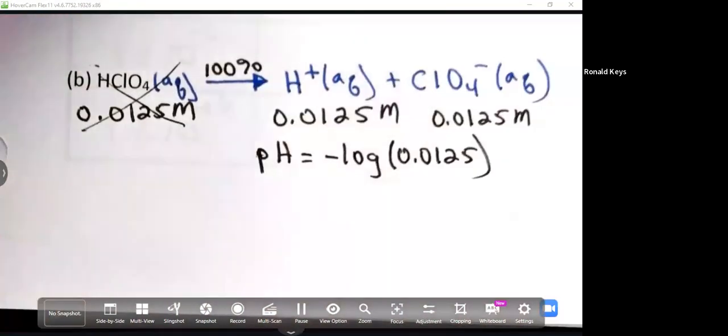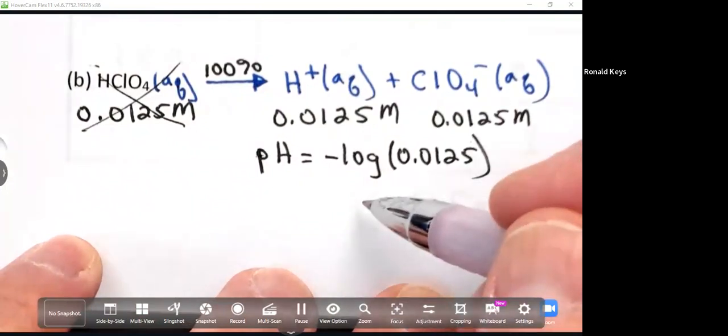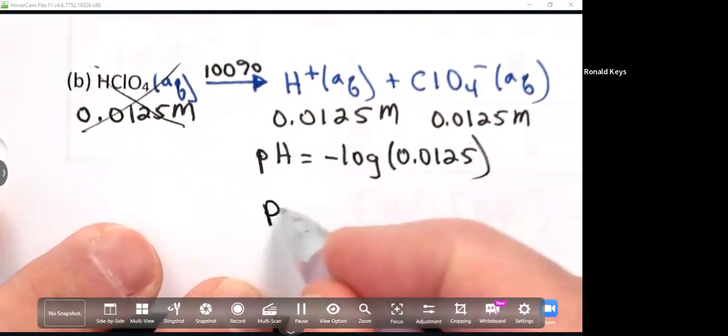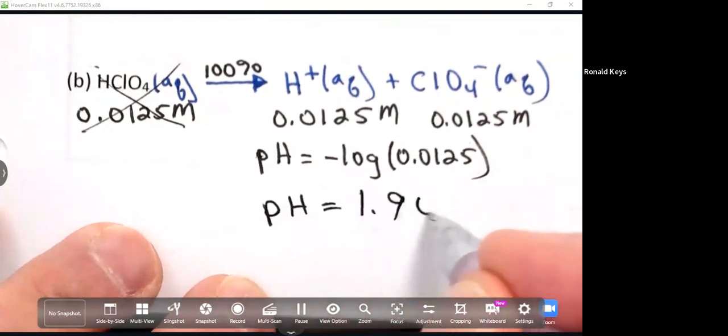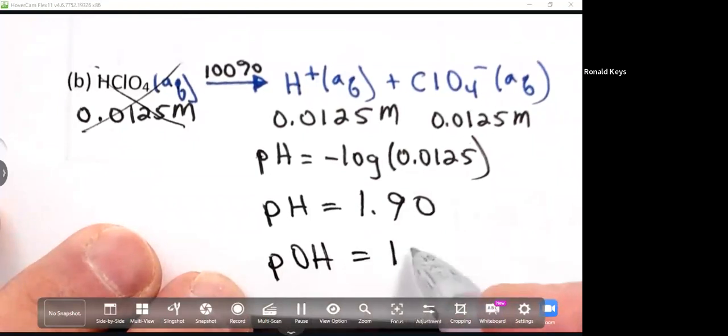The negative log of 0.0125 gets us 1.90. Okay. So my pH is 1.90. So that makes my pOH equal to 12.10.